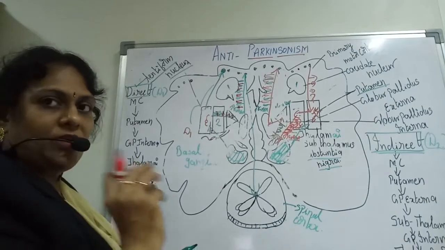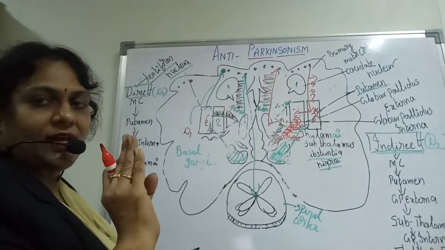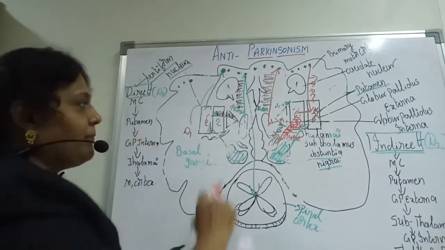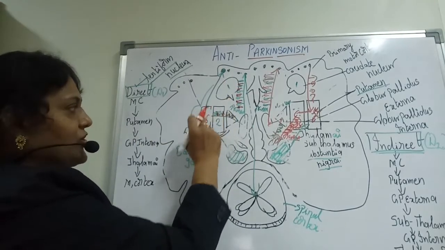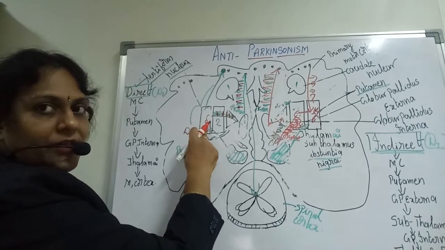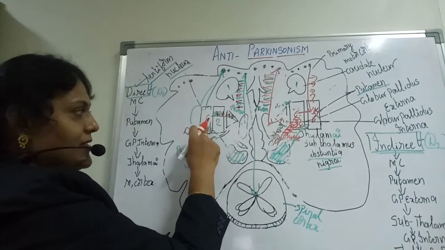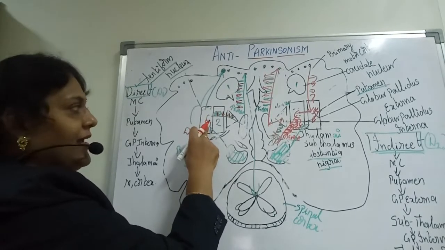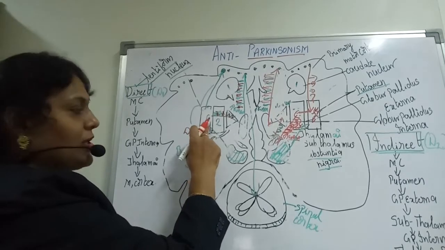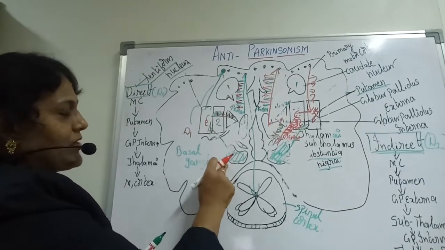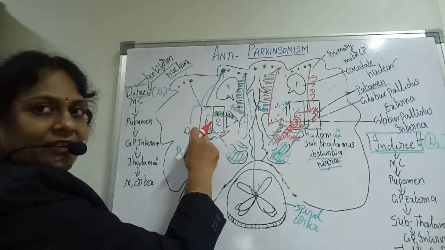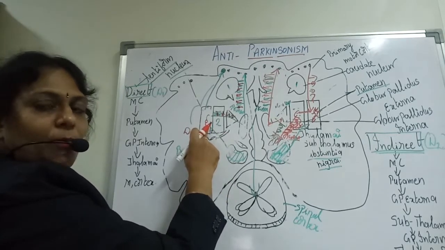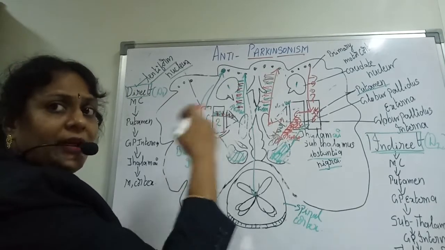So if you see the putamen, you can see four types of neurotransmitters doing their job there. The first one is glutamate, which is doing the excitation function and is acting onto the GABAergic neurons for stimulation. Once the GABAergic neurons have been stimulated, they start the functions of inhibition, and the dopamine from the substantia nigra is pouring its neurotransmitters onto the direct pathway, that is the GABAergic neurons, to enhance the inhibition more and more.